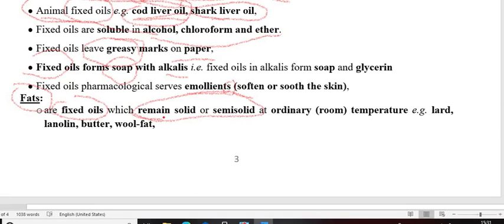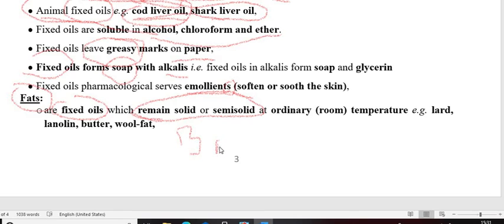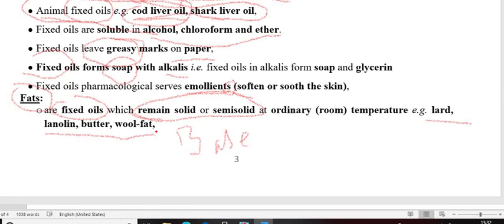When a fixed oil is solid or semi-solid at ordinary room temperature, it is called fat, and we usually use these fats as a base material for preparing ointments, like hard paraffin, soft paraffin, lard, lanolin, butter, and wool fat.